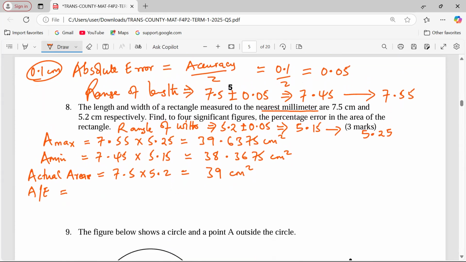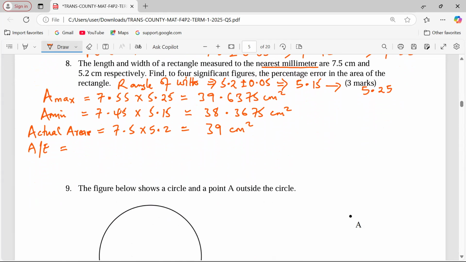So absolute error is usually given by maximum minus minimum over 2. So we will talk about 39.6375 minus 38.3675. Then we divide this by 2.